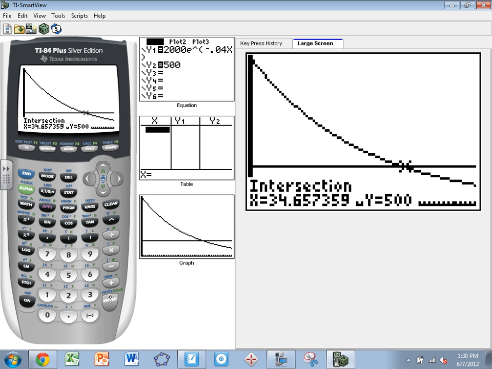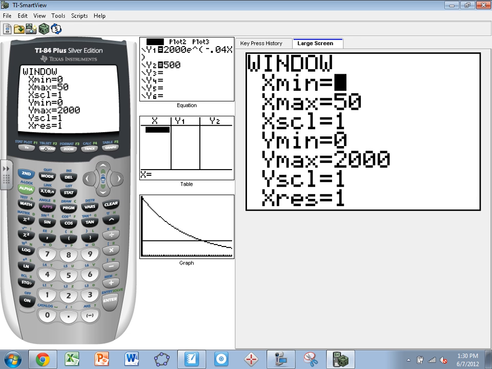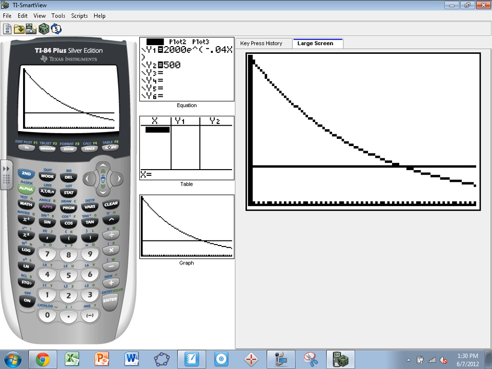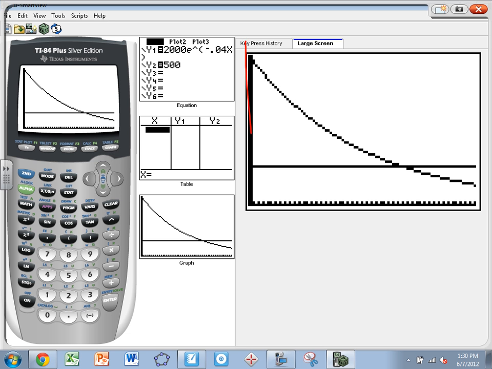What was the x min? In this case, I made it 0, because think about it this way. X represented the time, right? X is the time. Y is the amount of tigers left. Can you have a negative time, really? No, it doesn't make much sense. So that's why I started with x min as 0. If you notice, Bridget, I'm in the first quadrant. Here's the y-axis, and here's the x-axis.